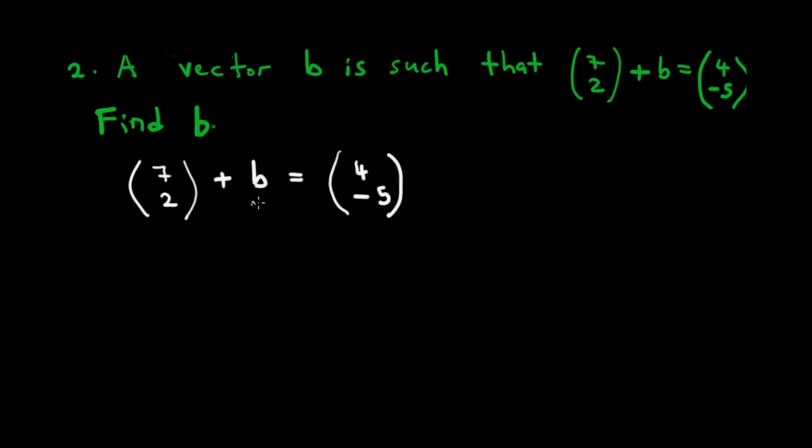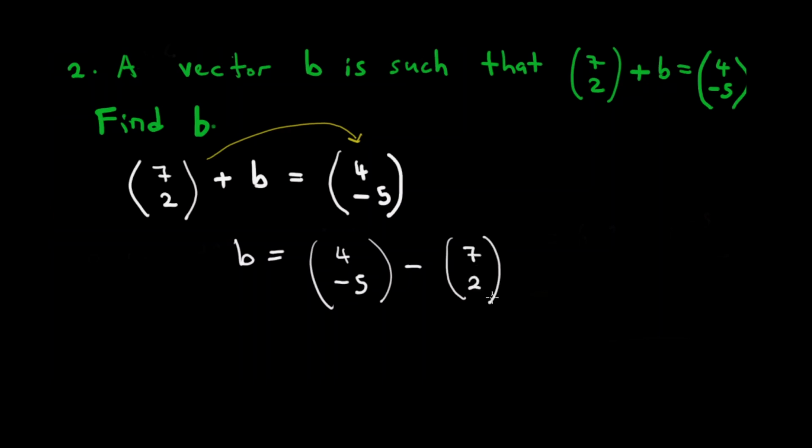Zvatofanirwa kuita kuti tiisolate b ndezvekuti 7 2 iyi inofanirwa kujamba equal sign ichiuya kuside kunoku. Saka painojamba equal sign ichiuya kuside uku, zvinoreva izvo kuti tichasara tiina b is equal to, tonyora zvagara zviriko uku 4 minus 5, then ino iyi yanga iri positive ichajamba the equal sign yosvika iri negative, so it's negative 7 2.